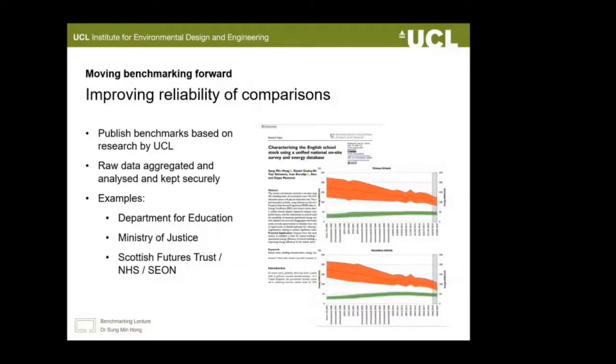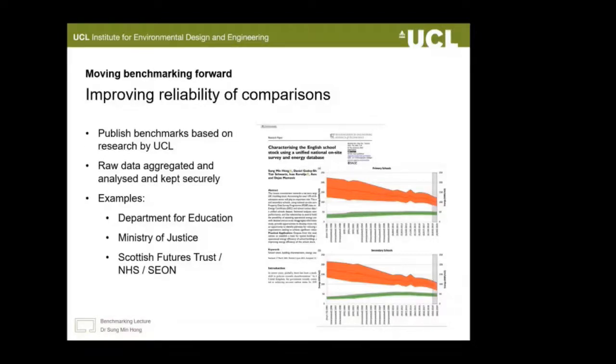And to support this platform, what we're constantly doing from the UCL point of view, as a research collaborator on the project, is to base the benchmarks on our research rather than simply processing the data.